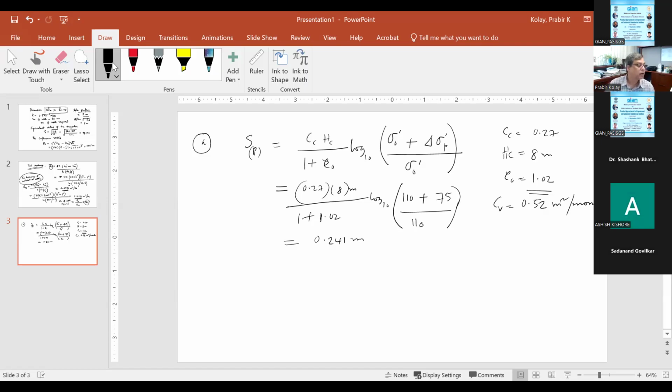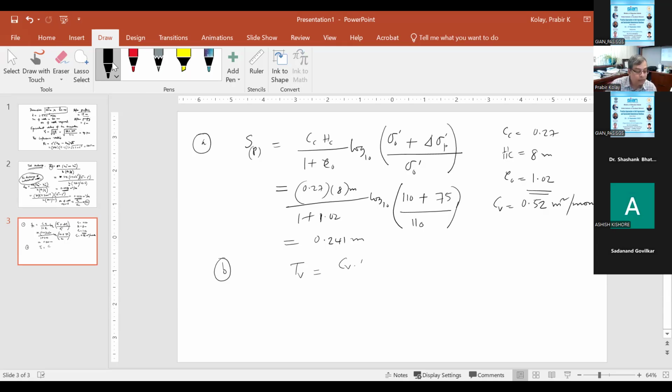Okay, so now you need to find out the time for 80% consolidation. The time required for 80% consolidation under the additional permanent load only. So what we need to do is find out the time factor, that is Tv. Tv is equal to what?